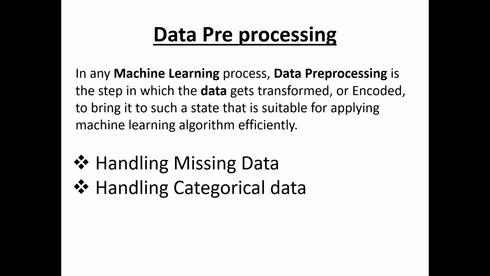In data pre-processing, we discussed how to handle missing data, and experimentation with R programming is done. Similarly, how to handle categorical data, and the need for handling categorical data, is also discussed in RStudio. I also explained how to install R and RStudio. Those who are watching this video for the first time, please watch the previous videos, the links are provided below.